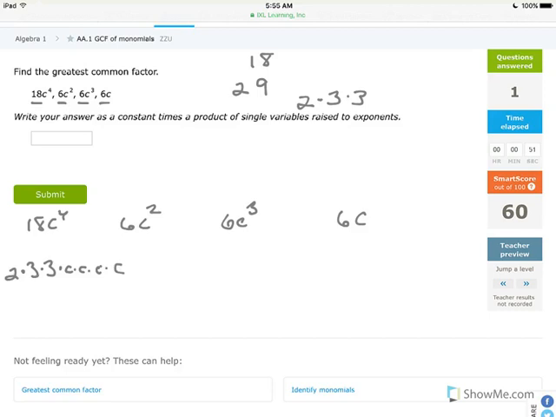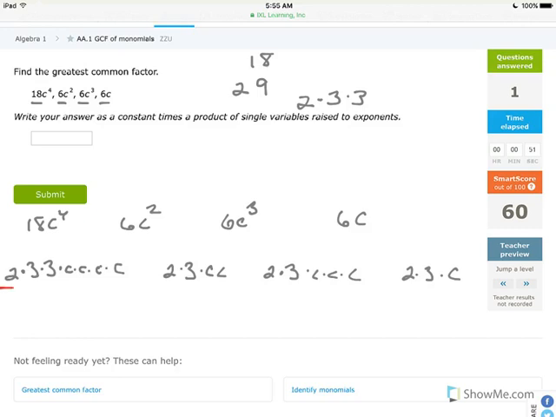The 6 is going to be 2 times 3. And then c to the second is c times c. The next one, 6c to the third, that's going to be a 2 and a 3. And then c times c times c. And then the last one, 6c, the 6 is going to break down into 2 and 3. And then times c. So scanning through all 4, what do they have in common?